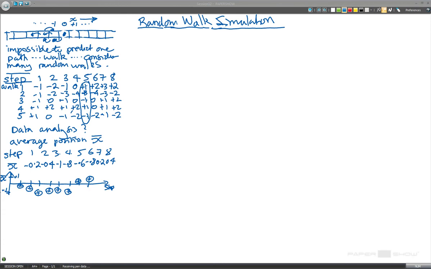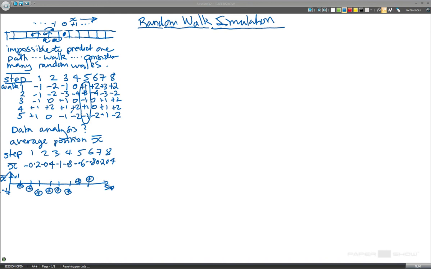So these numbers are all very close to 0. They're all sort of between minus 1 and plus 1. And as we might expect, if we're randomly moving forwards and back and we look at lots of paths, on average things will have a position of 0.